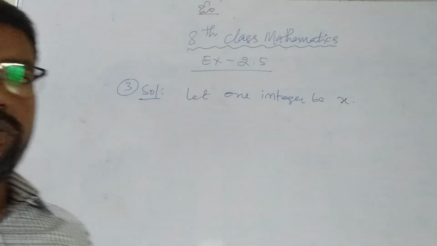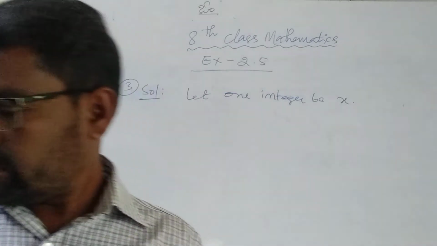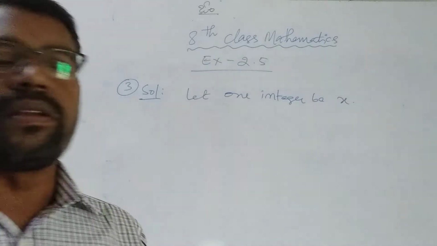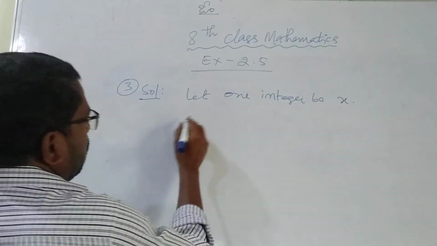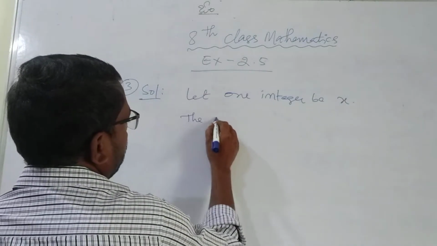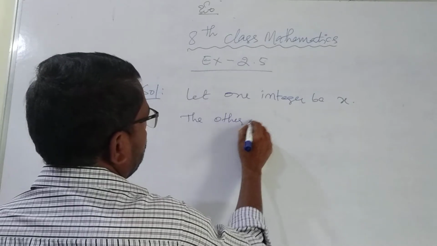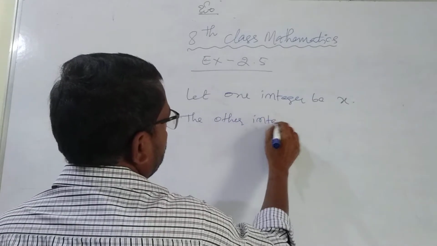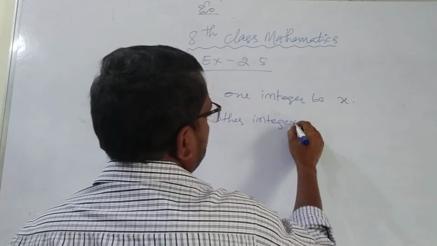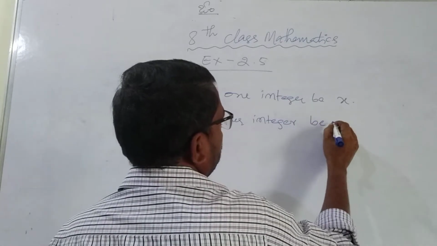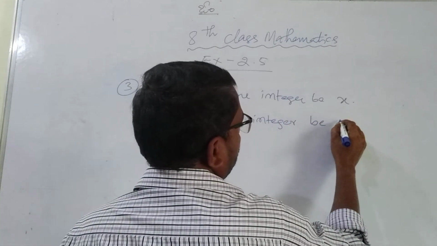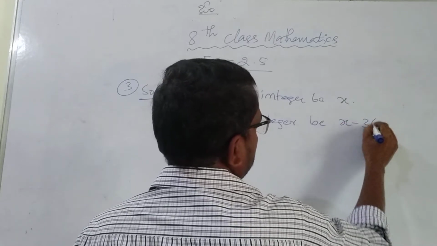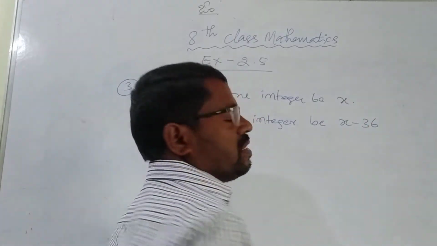And the difference between these two integers is given as 36. So that is why the other integer will be x minus 36. The difference of these two is always 36.